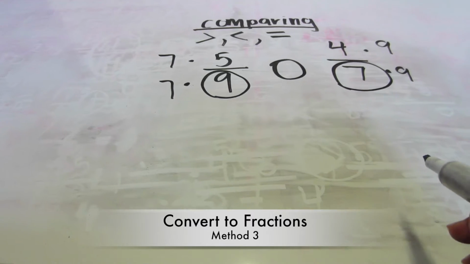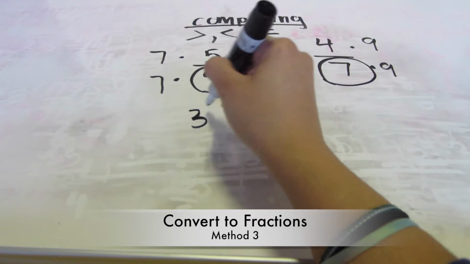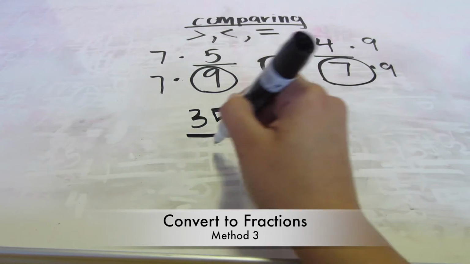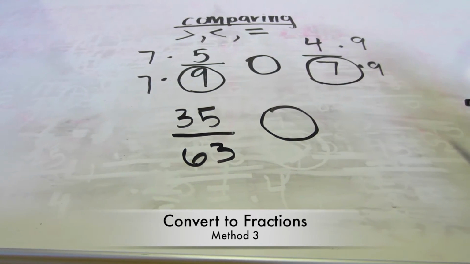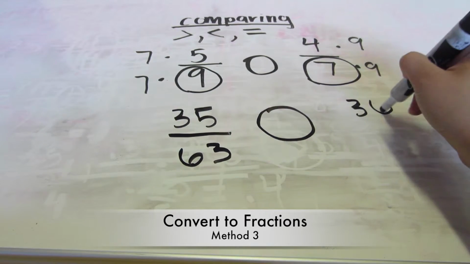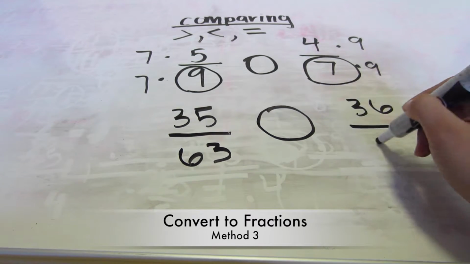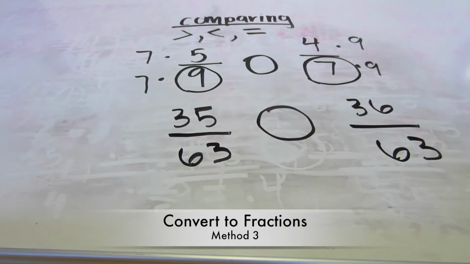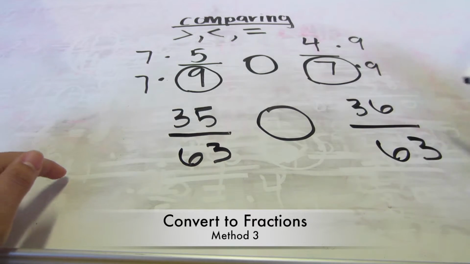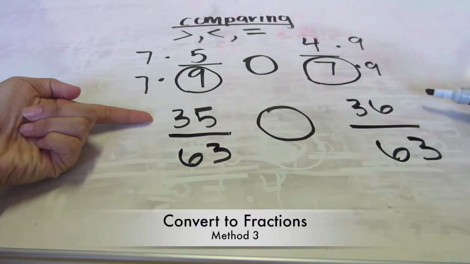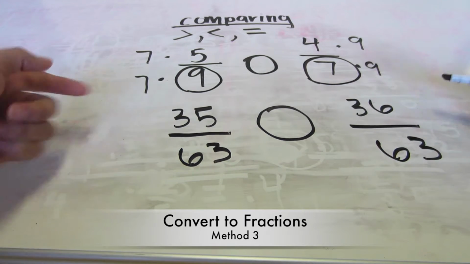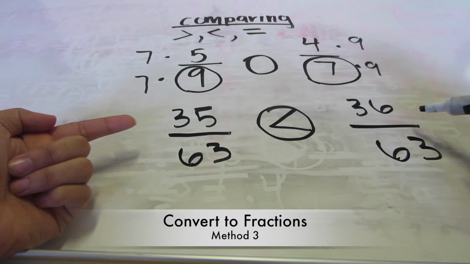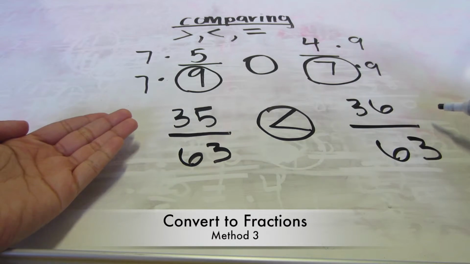So we end up having 35 in the top and 63 in the bottom, compared to 36 over 63. So now we can just look at the top numbers, which is the numerator. We can compare which one is greater. And in this case, obviously 36 is greater than 35. So now we can see that 35 is less than 36.